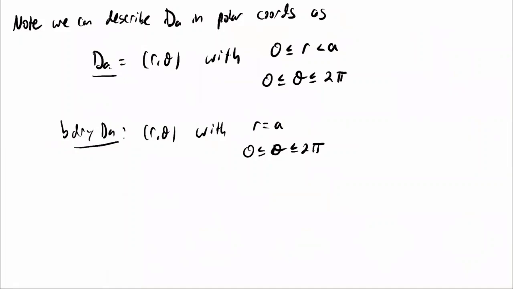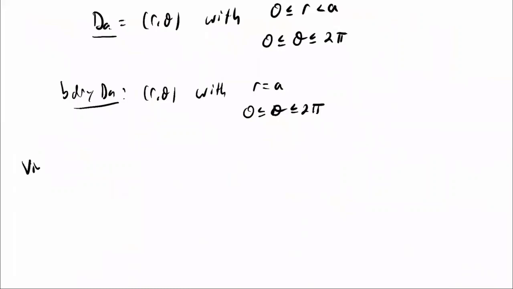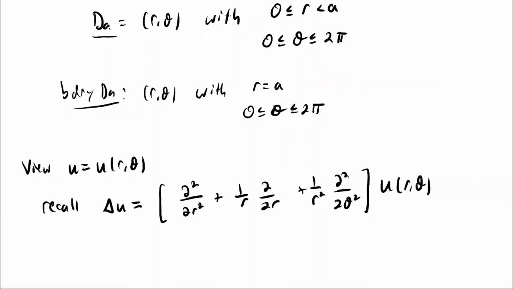Okay. Right, and so finally, we're going to view u as a function in polar coordinates. Well, remember that we have the following representation of the Laplacian in terms of polar coordinates. The Laplacian of u is given by the second derivative with respect to r, plus 1 over r times the first derivative with respect to r, plus 1 over r squared times the second derivative with respect to theta of u as a function of r and theta.